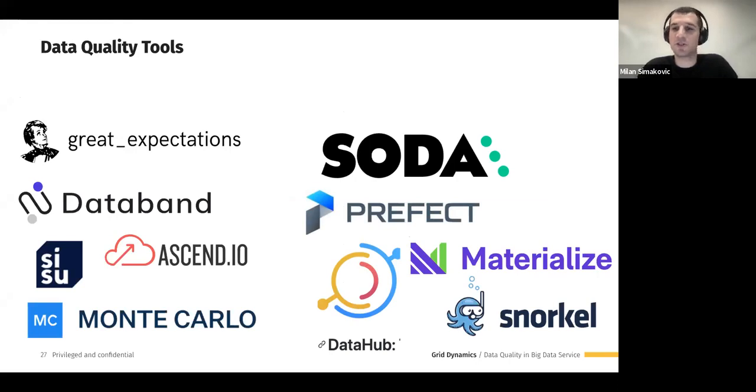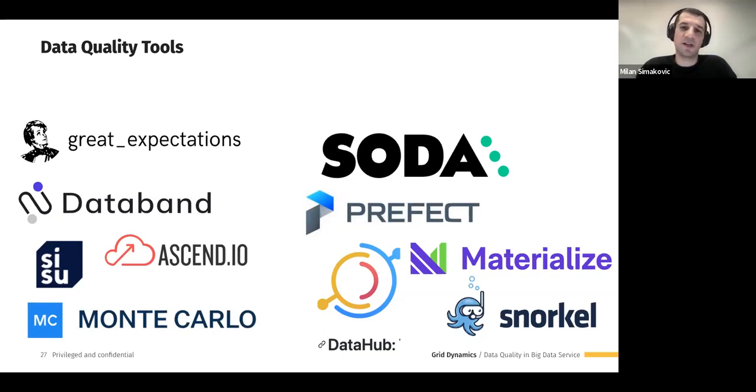All of those solutions are focused on big data, since for warehouses the data quality is a bit simpler, because all the sophisticated data warehouses already have some sort of embedded data quality tools and rules. And here we are just focusing on big data.